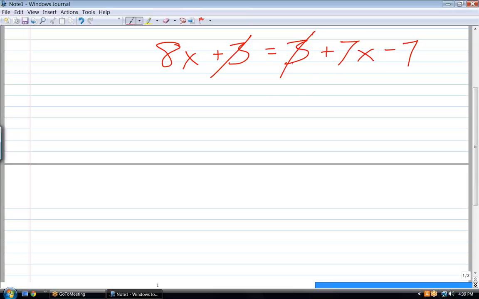In other words, that's a valid shortcut. Yeah, and so then you get 8x equals 7x minus 7, and then you subtract 7 on both sides, and you get x equals negative 7. Okay, good.